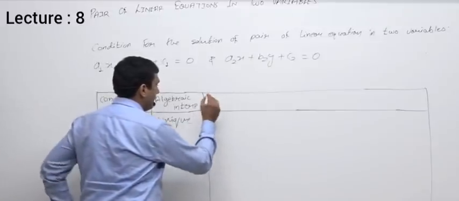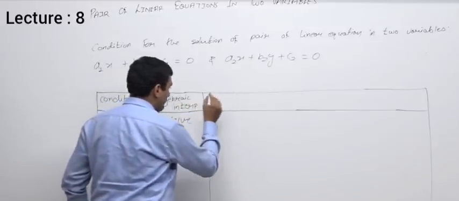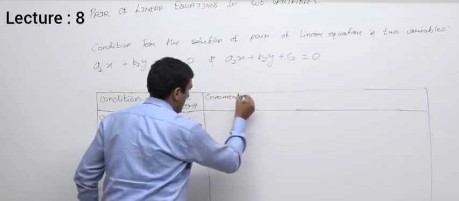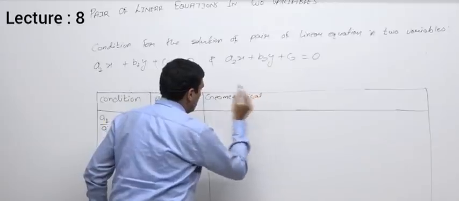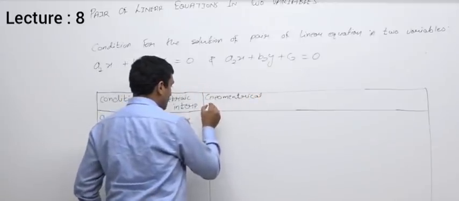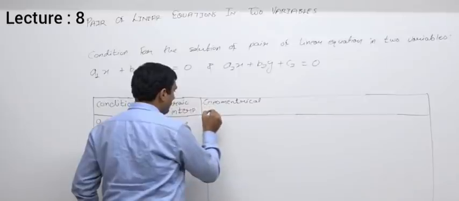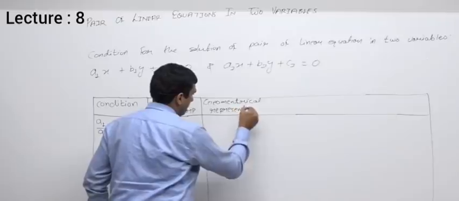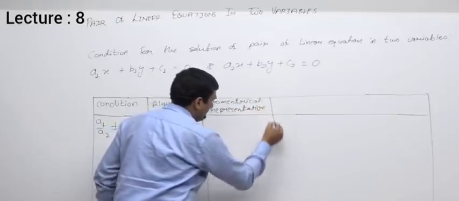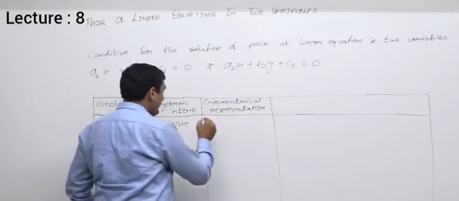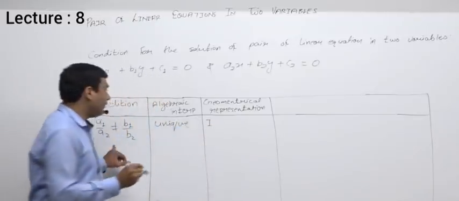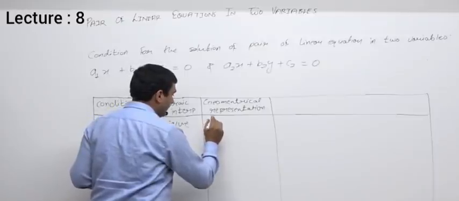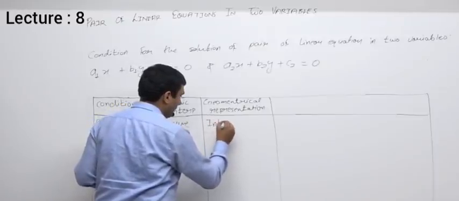In that condition, the geometrical representation will be intersecting. When we have a unique solution and we draw the graph, we'll get intersecting lines.